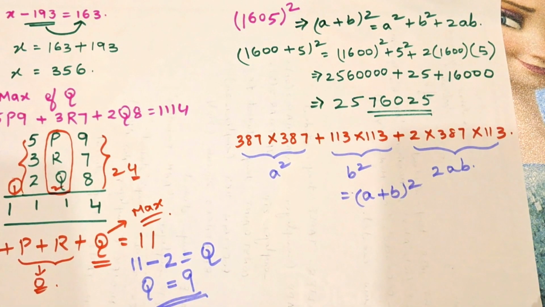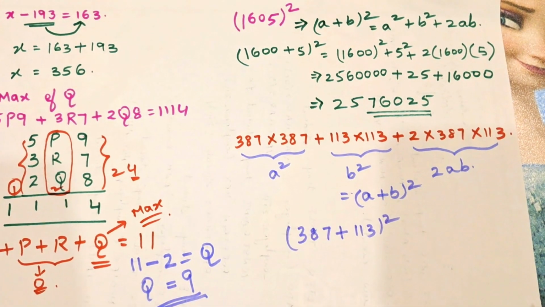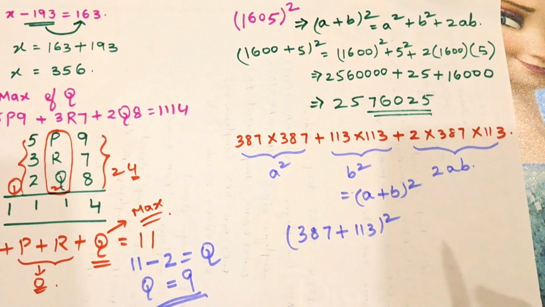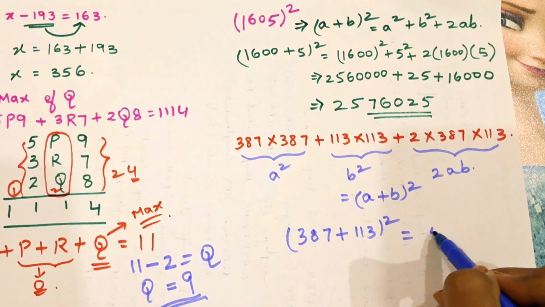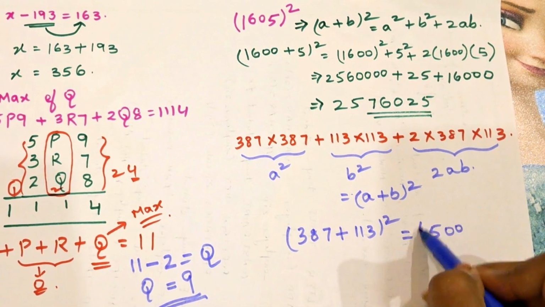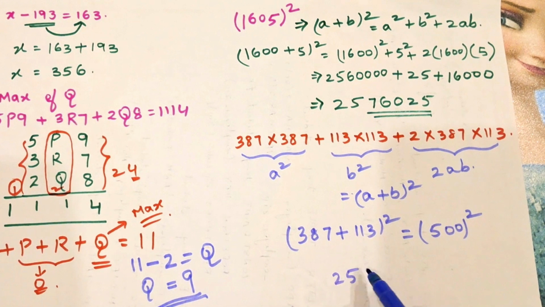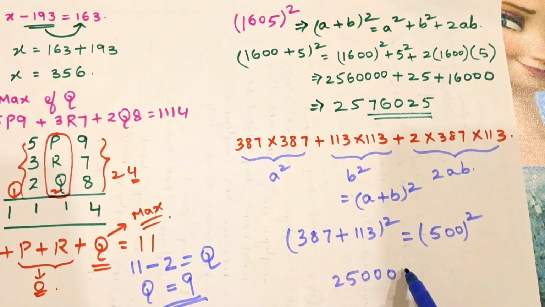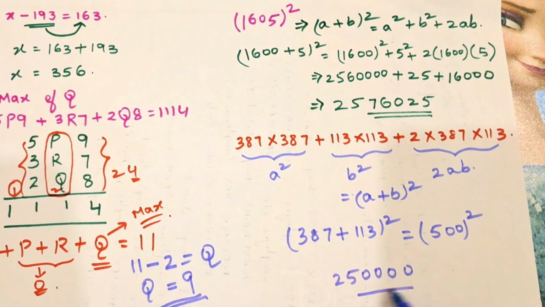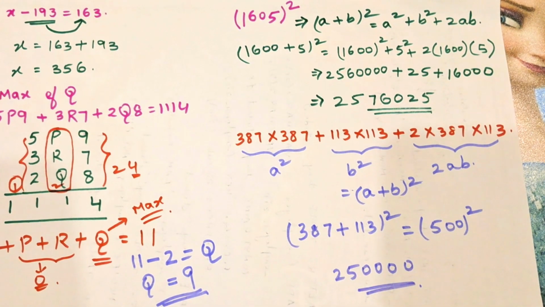So we need to add 387 plus 113 and then square the answer. The sum of 387 and 113 is 500 and its square is 250000. See, that's how simple it is if we use the equations in solving the sums.